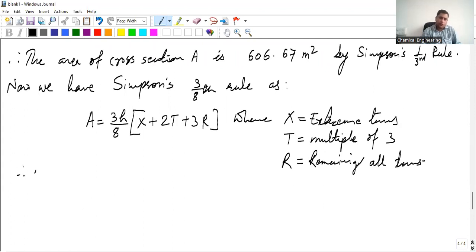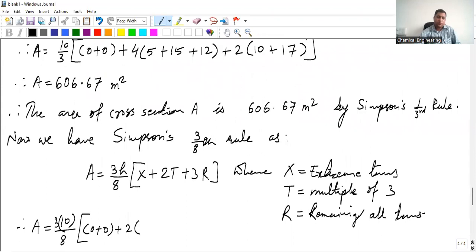So here what we are going to get, A is equal to 3 into 10 by 8. Extreme terms 0 plus 0, times multiple of 3. So what will be the terms multiple of 3 here?